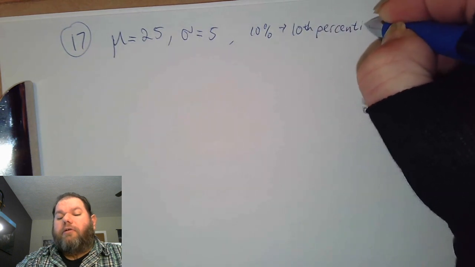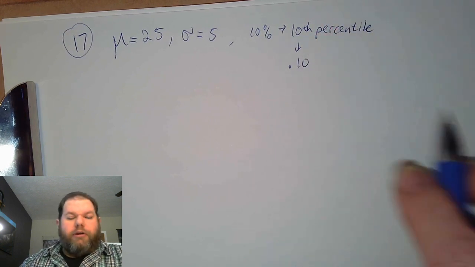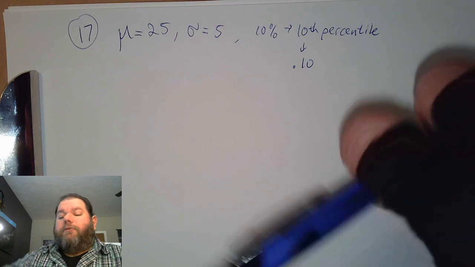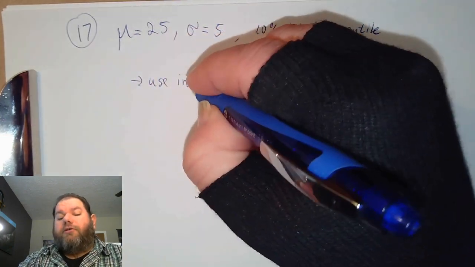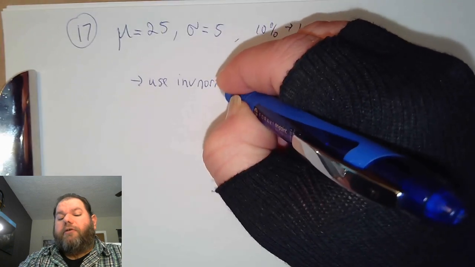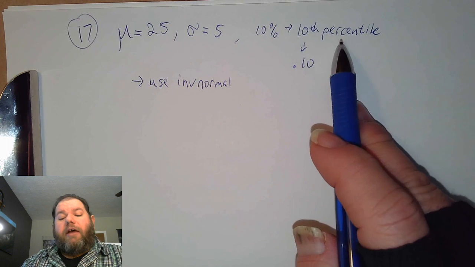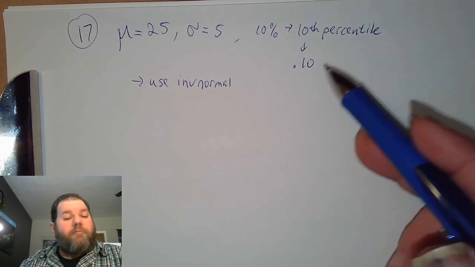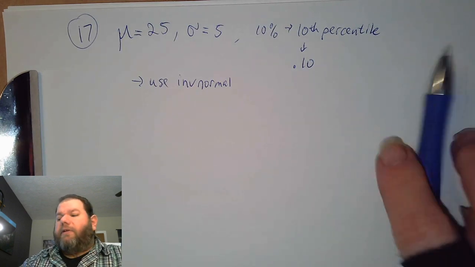We'll actually use 0.1 in our calculator. But this one uses the inverse normal function on the calculator, because we have mu, we have sigma, and we have an area value or a percentage. This is our probability, so we actually have to find x.